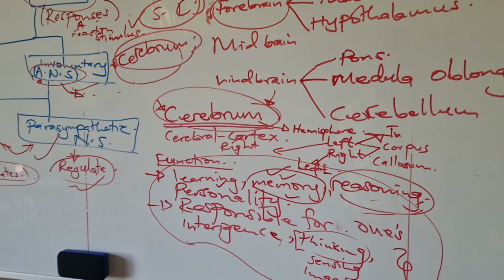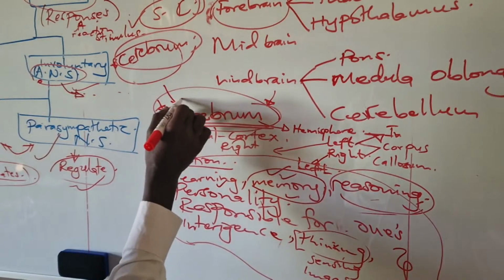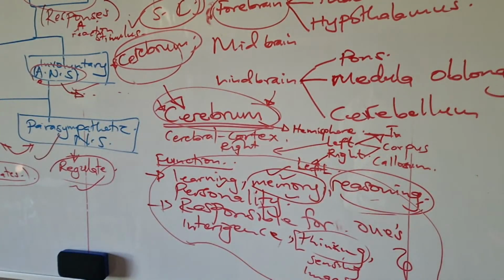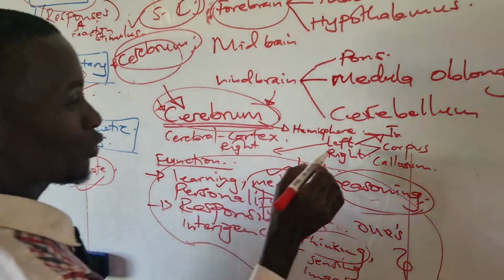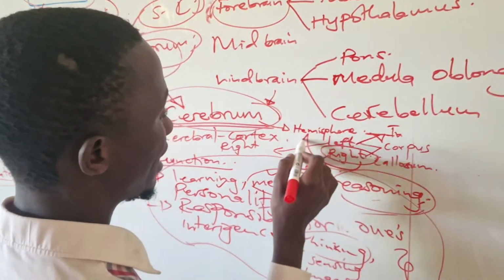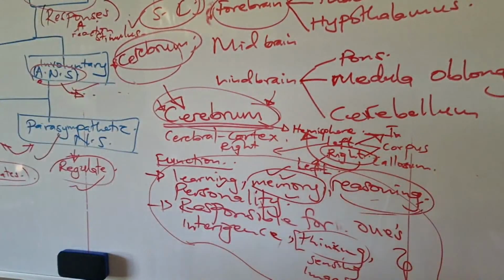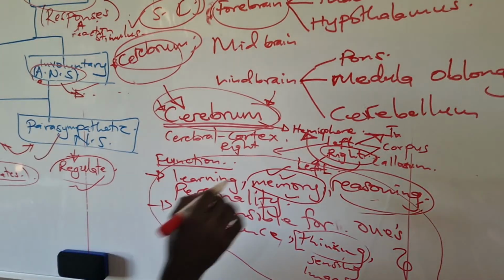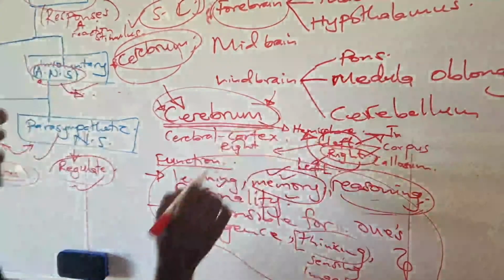So we are talking about the parts of the brain. The scenarios here are actually very easy. Let's assume it's the right hemisphere that is damaged. Then assume it is the left hemisphere that is damaged.